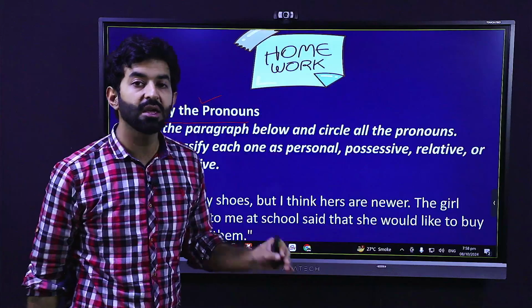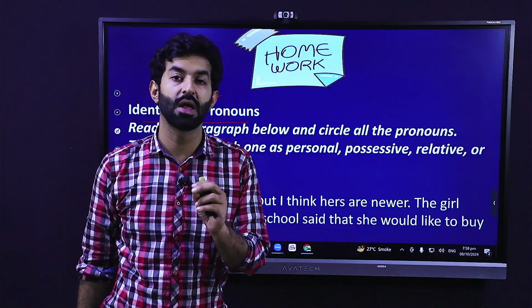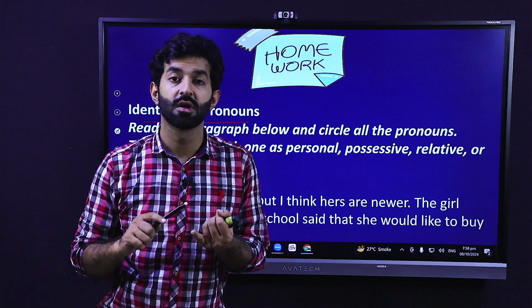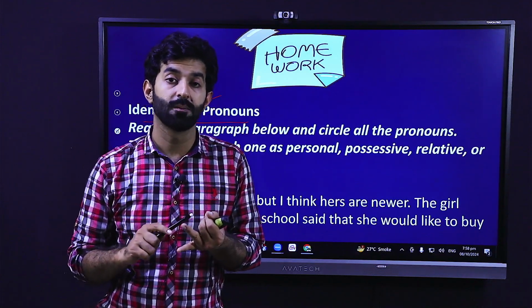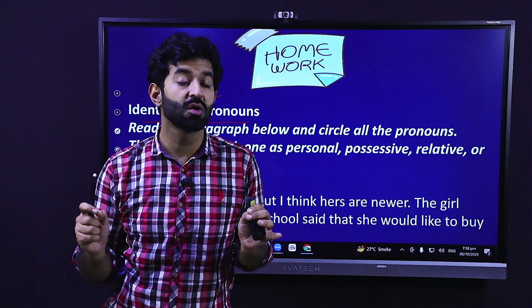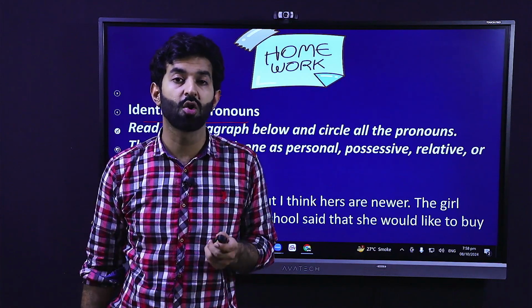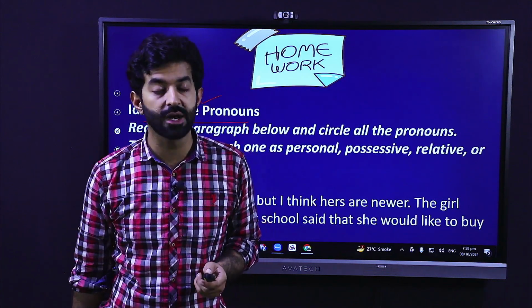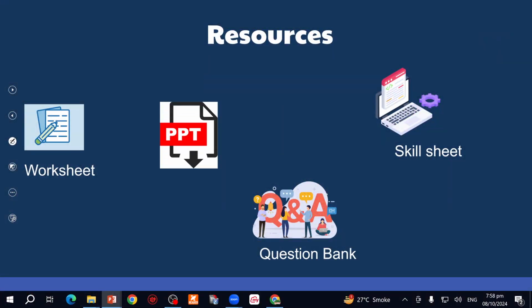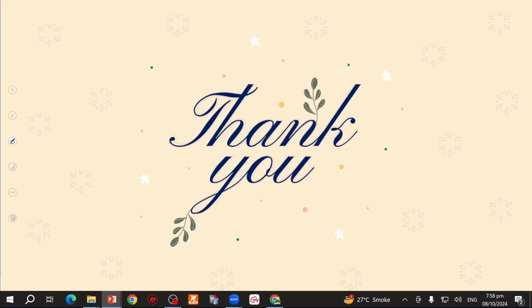Identify each kind of pronoun that we have learned, either demonstrative, reflexive, interrogative, relative, etc. So you're going to label each one of these pronouns according to the kinds that we have studied. These resources are for your help. You can access them for better learning.